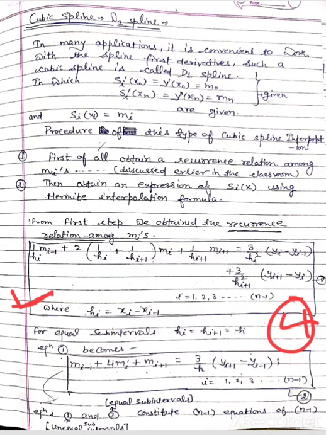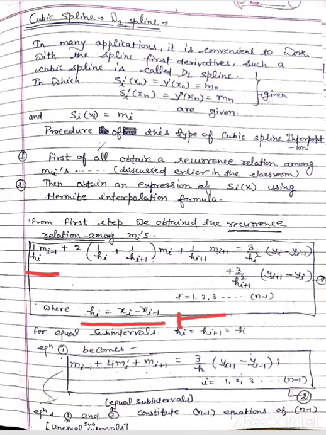Suppose we have different subintervals having different subinterval lengths. In this relation, hi is the subinterval length, which is defined as hi equals to xi minus xi minus 1, and for other subintervals we can define hi minus 1, hi plus 1 according to this relation.